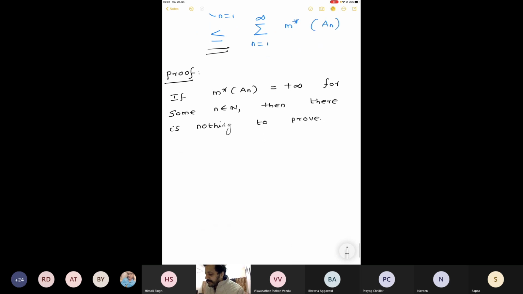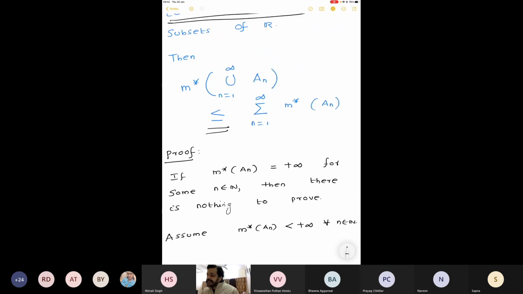So let us assume m star of A_n is less than plus infinity, that is finite, for all n. Now, somehow I want to estimate the outer measure of the union. You call this union as set E. To estimate outer measure, I need to take a countable family of open intervals covering it, and then I have to find the sum of lengths and so on. And I have to relate the m star of the union with the m star of the individual sets.